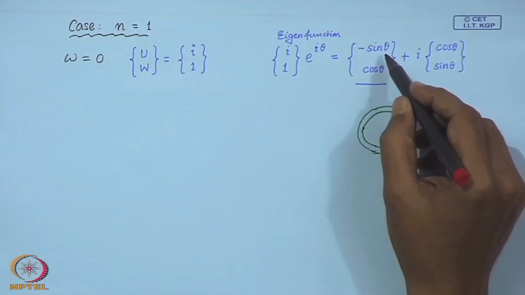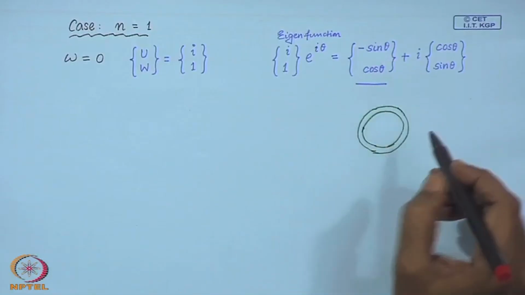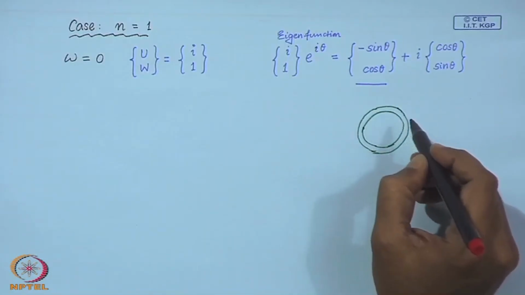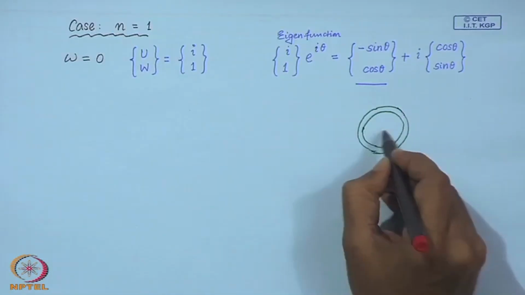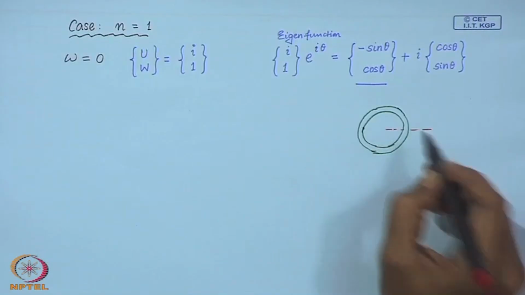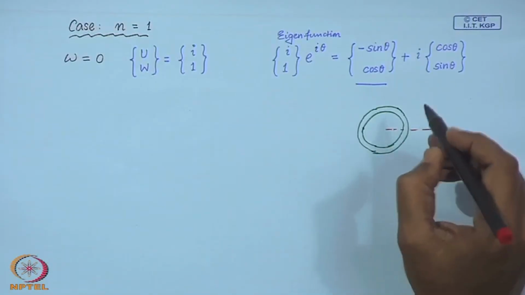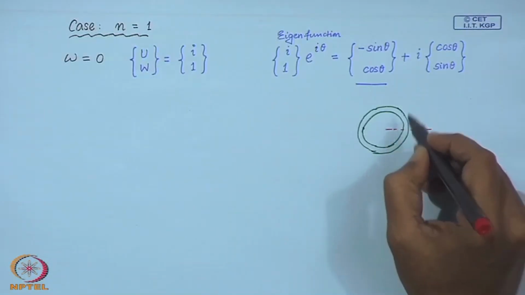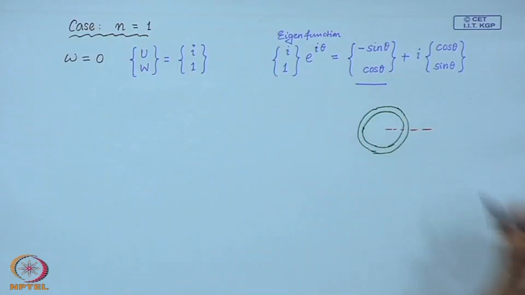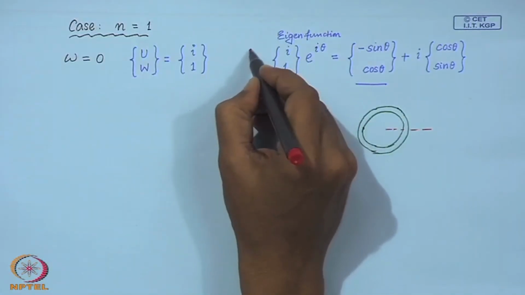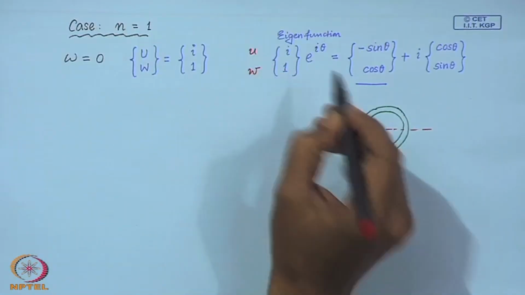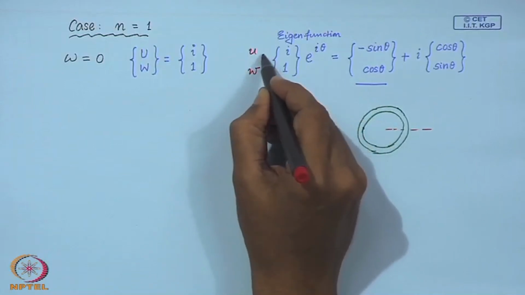Now, sin theta with a negative. So, this implies that this is theta equal to 0, this is the datum. This is u, this is the u motion and this is the w motion.